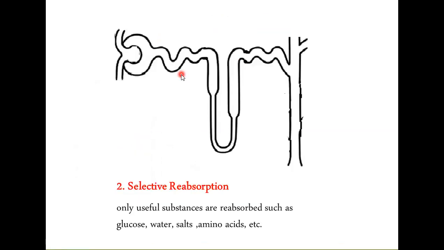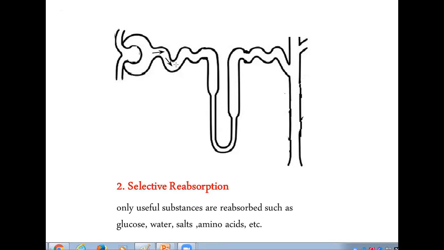Now we will discuss the second part, that is selective reabsorption. After filtration, the glomerulus filtrate will pass through the renal tubule.